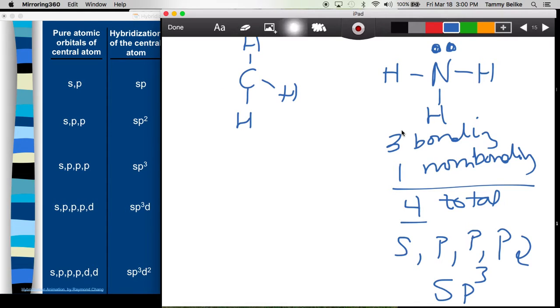For methane, all of the hybridized orbitals are going to be bonded to something. Whereas in ammonia, one of those hybrid orbitals is just going to have a lone pair in it. Okay? So this little lone pair is going to take up one of those hybrid orbitals.